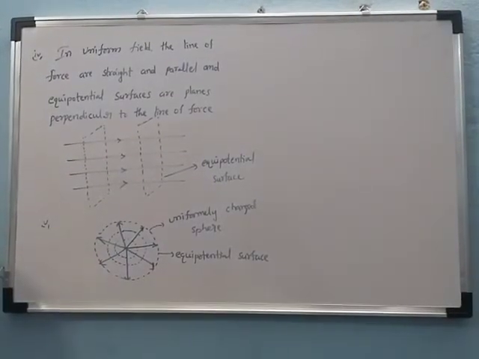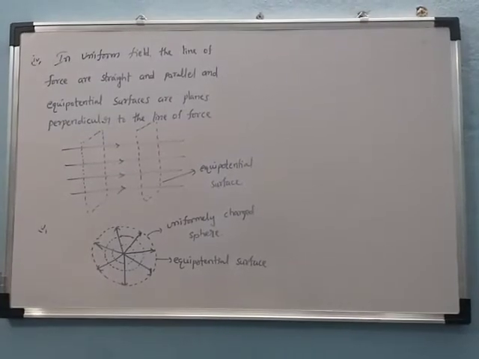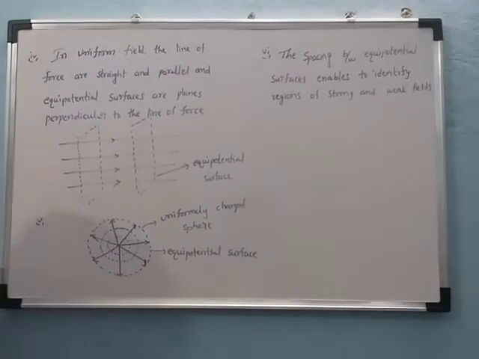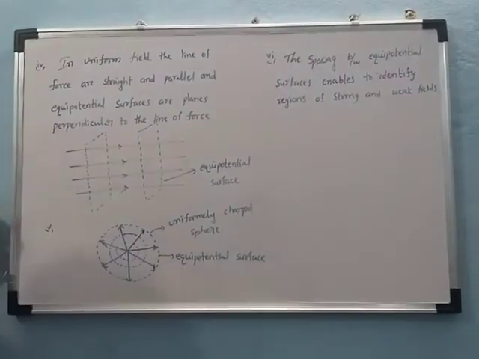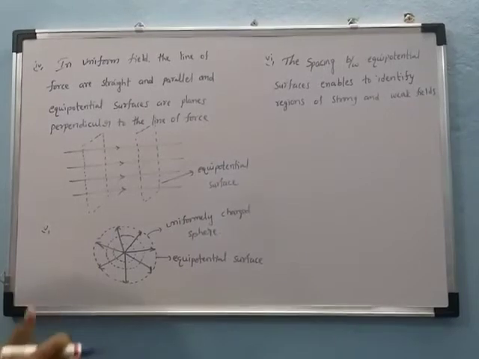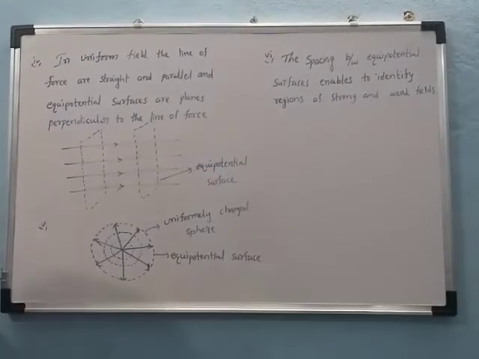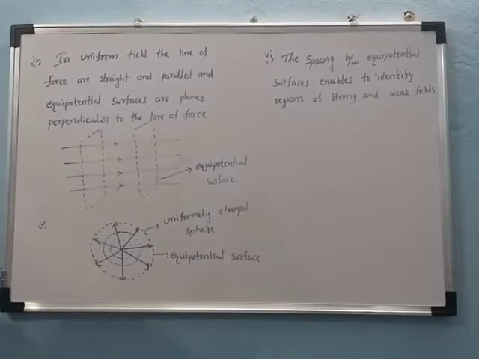These are the five main properties of an equipotential surface. Next, the spacing between equipotential surfaces. The spacing enables us to identify regions of strong and weak fields.